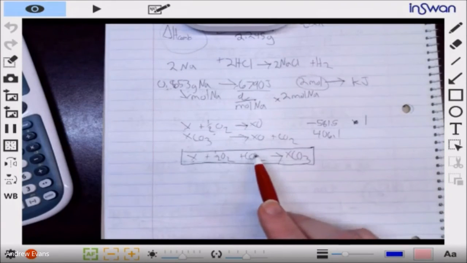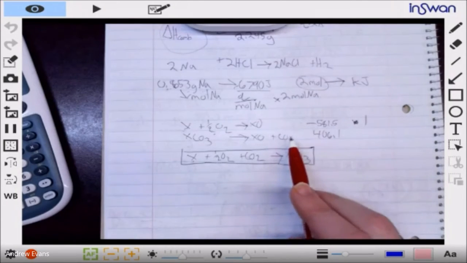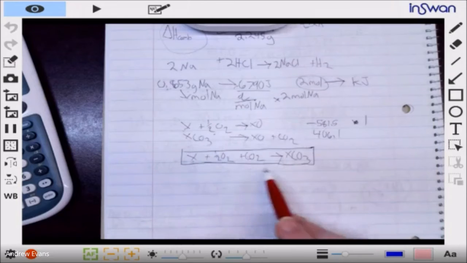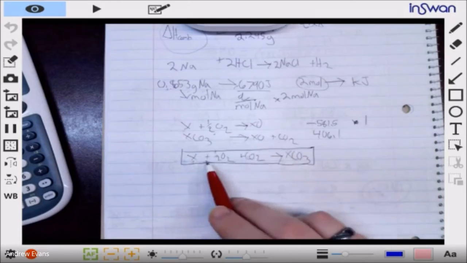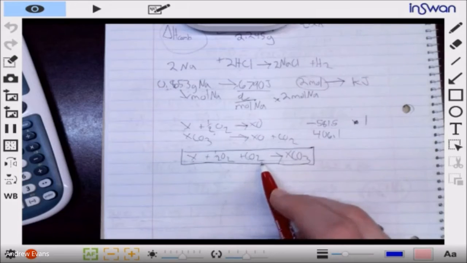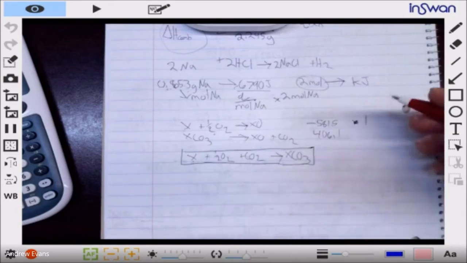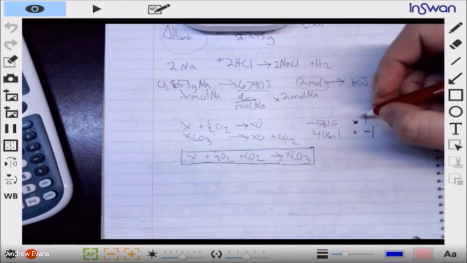Now, looking at CO2, it's only in equation 2 on the right side. XCO3 is only in equation 2 on the left side. They are on opposite sides. So what have I got to do to switch these around? I have to reverse it.